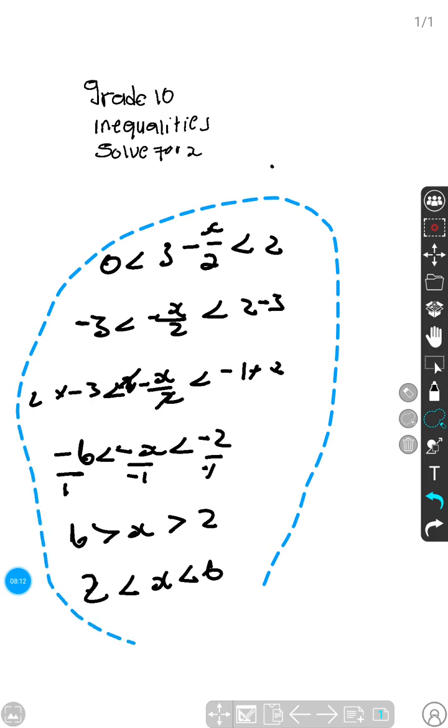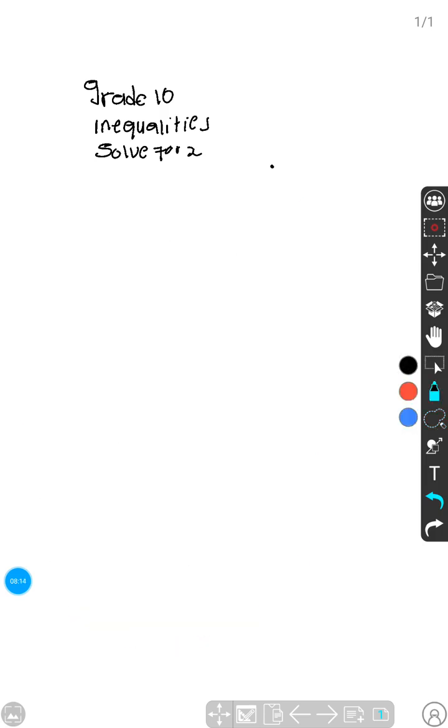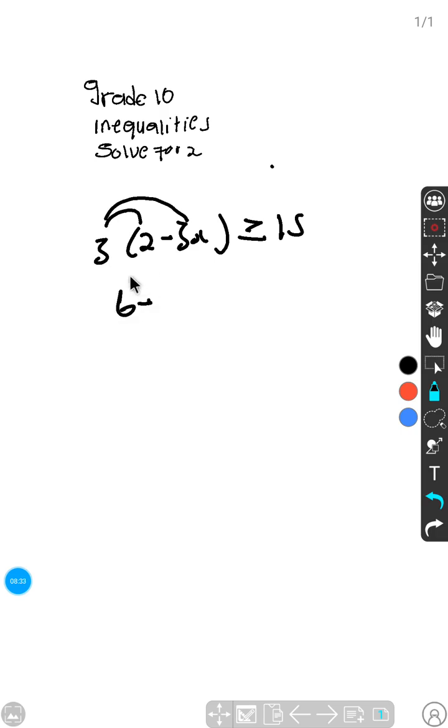Okay, let's proceed to the next one. The next one is saying that 3 times (2 minus 3x) is greater than minus 15. So we're going to multiply the 3 times the 2 and the 3x. So 3 times 2 is 6, minus 3 times 3x is going to be 9x, which is greater than minus 15.